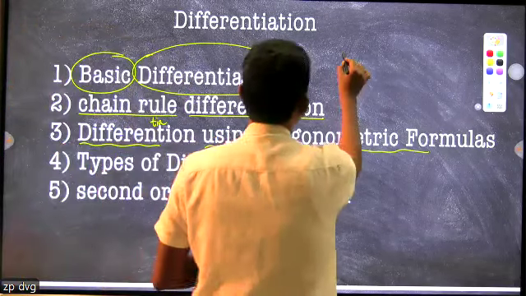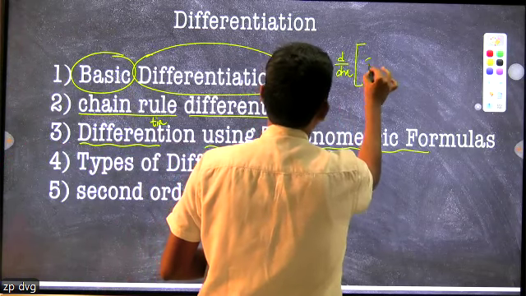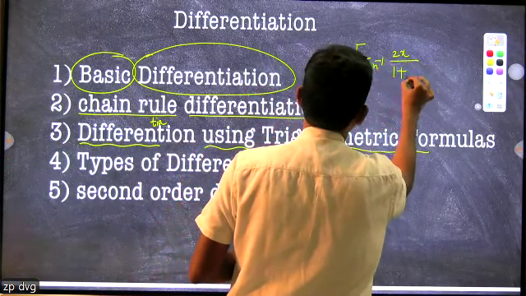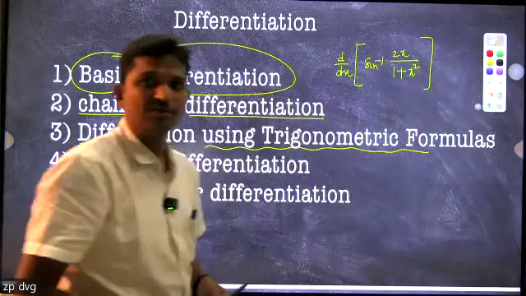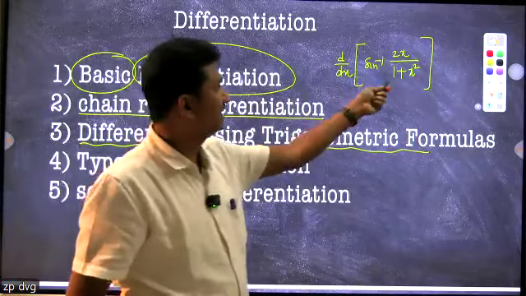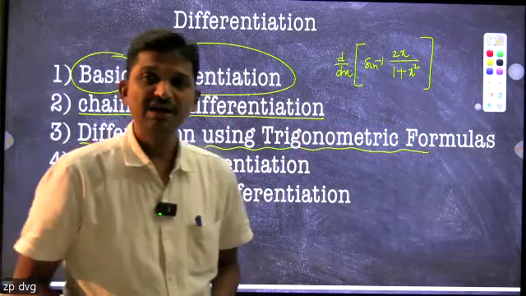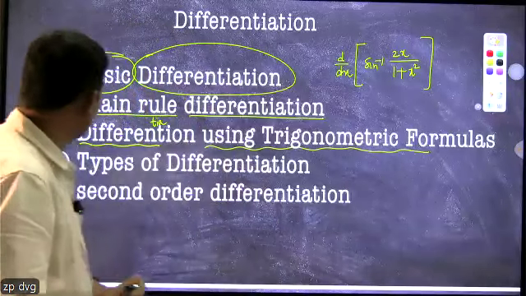For example, they ask dy/dx of sine inverse of 2x divided by 1 plus x square. To simplify this, we take x equal to tan theta, use trigonometry formulas, simplify, and then differentiate.